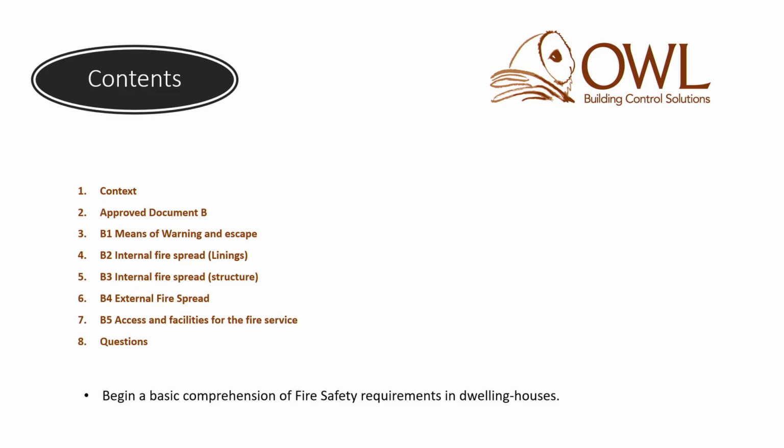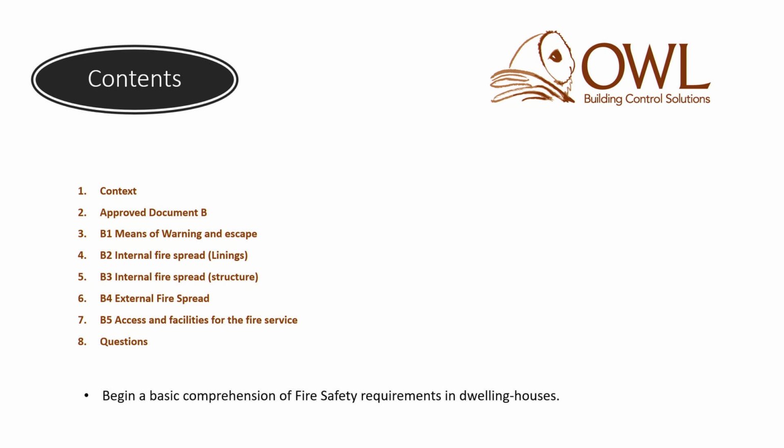So the idea is for you to get a basic comprehension of fire safety requirements and understand what it all means. ADB replicates, unsurprisingly, the requirements of Schedule 1, Part B in the building regulations.